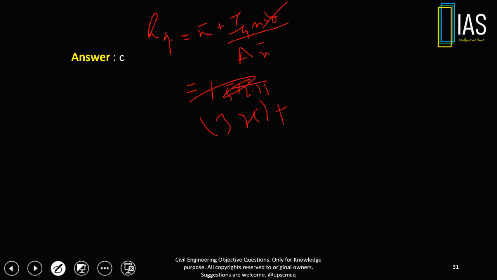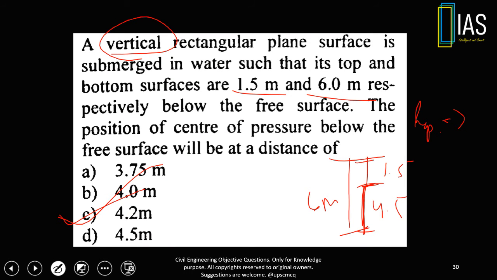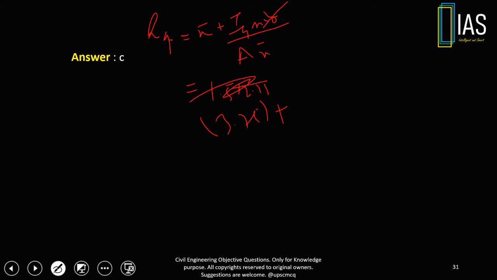IG would be B d cube by 12, with B assumed as 1; even if we did not assume 1, it will cancel out. So 4.5 cube by 12. Area is B into 4.5, into 1 by 3.75. Therefore this gets cancelled out.